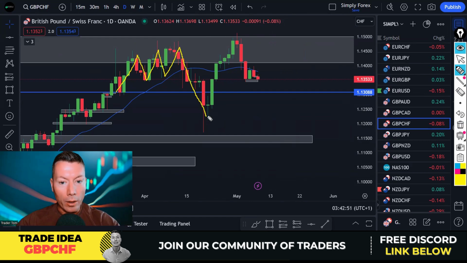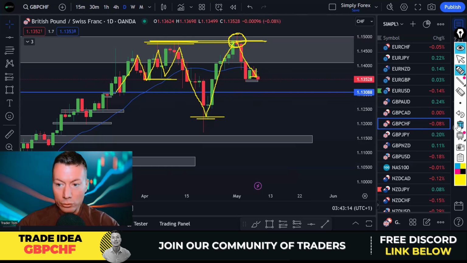Now, I don't see any other high apart from these last highs here. And for me, they haven't broke. Okay, and price has bounced off of those levels. So we are still in a downtrend. These highs are intact and we have lower lows. All right, so we're in a downtrend.